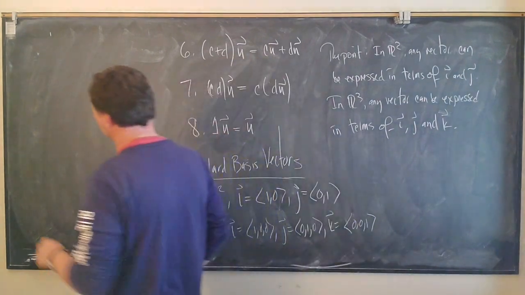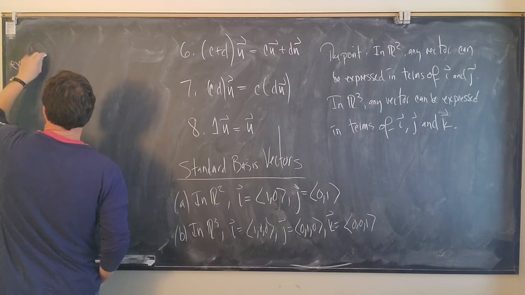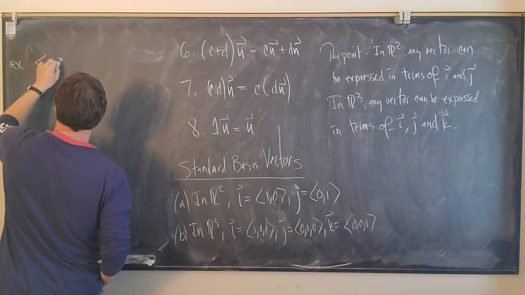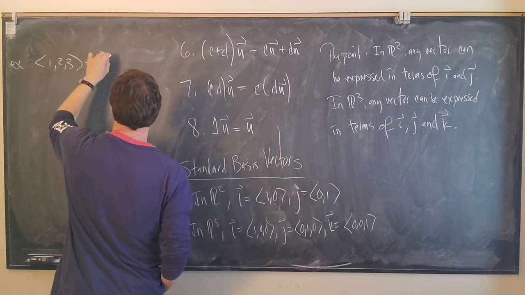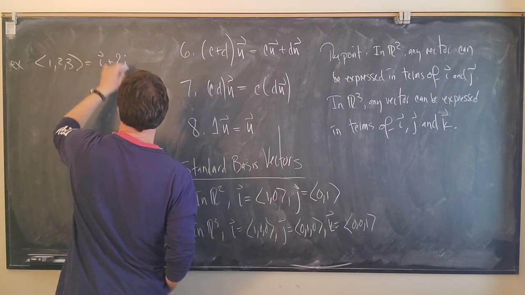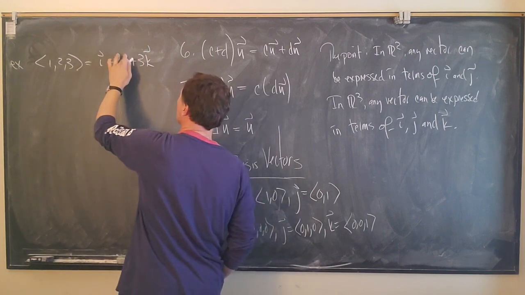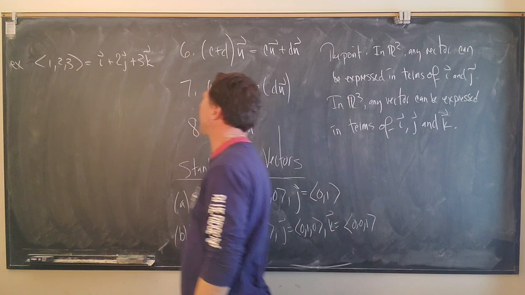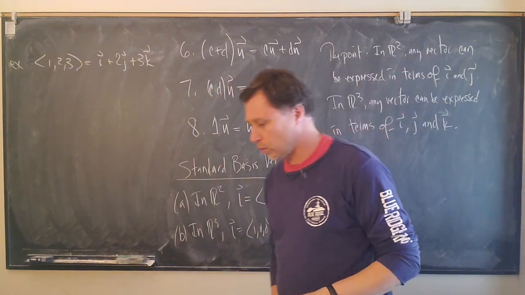So, for example, the vector 1, 2, 3 is exactly the same as i plus 2j plus 3k. I try to remember to put the little arrows over the top. In your book, they'll be bold-faced.